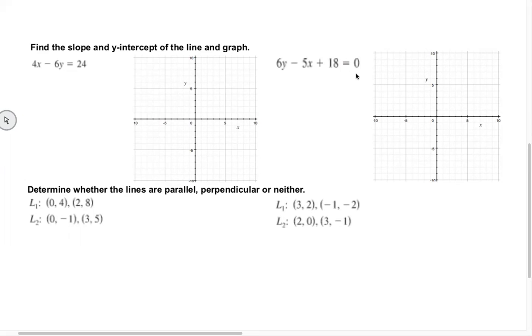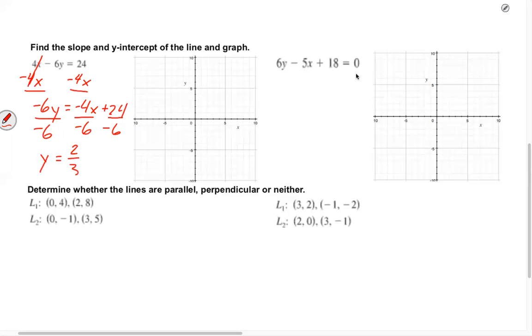All right, it says find the slope and y-intercept of the line and graph. So, easiest way to do it is just get y by itself. So to get y by itself, I'm going to subtract 4x from both sides. I have -6y equals -4x plus 24. Then I divide by -6. That gives me y equals 2/3 x minus 4.